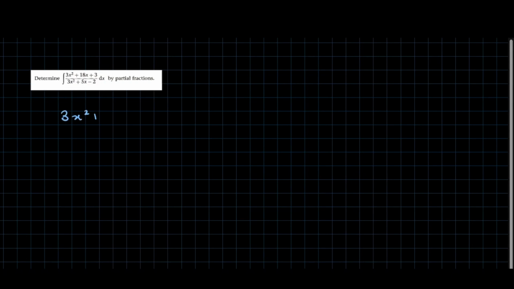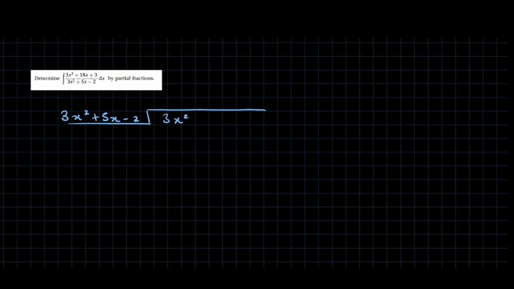So we're going to do 3x squared plus 13x plus 3 divided by 3x squared plus 5x minus 2. Now 3x squared into 3x squared is 1. 1 times everything here will be 3x squared plus 5x minus 2. That will give us 13x plus 5.